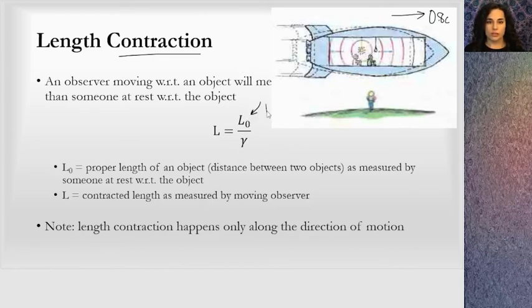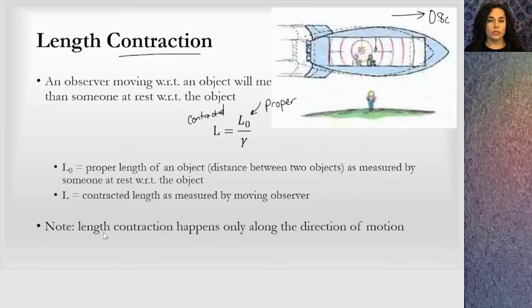This is the proper length, L naught, and you will see that consistent with the time. The proper is designated with a naught, and then the changed one, in this situation the contracted length, is shorter than the proper length. We divide by this gamma factor. Remember, gamma is always greater than 1, so we're going to get a contracted length.